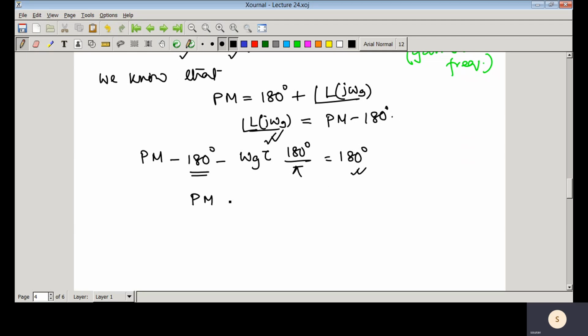So here we have the relationship that phase margin is equal to omega g tau times 180 degree by pi. Here you can see this is that tau, this is the delay. So what would be the delay here? The delay would be equal to phase margin divided by omega g into pi by 180.